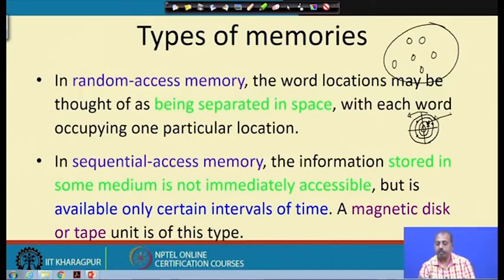That cannot happen, because if the disc is rotating like this, and the initial read write head is at this point, then this content will be read first, then this content, then this content. So, that is sequential access. Semiconductor memories are mostly random access type, and secondary storage like disk is of this sequential access type.